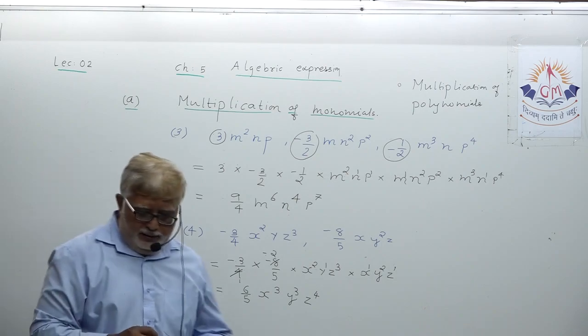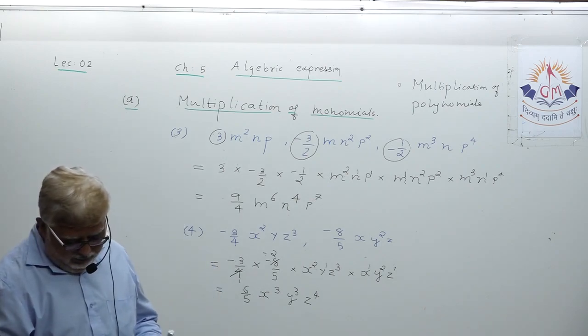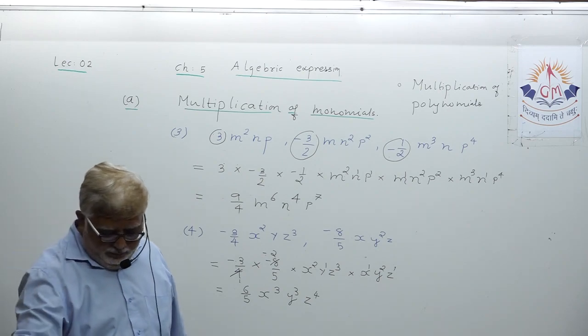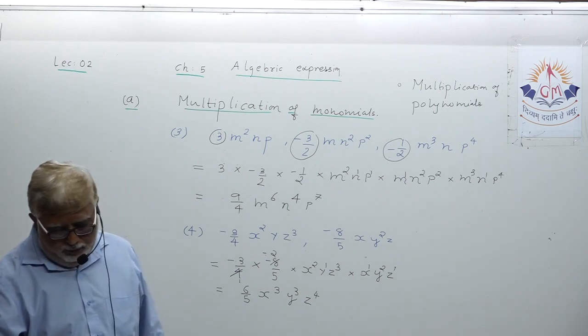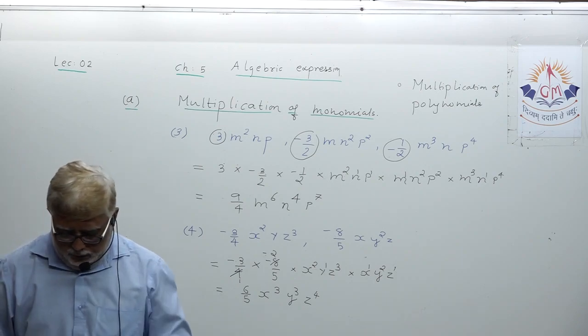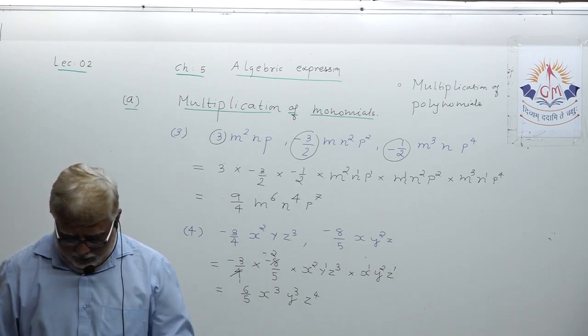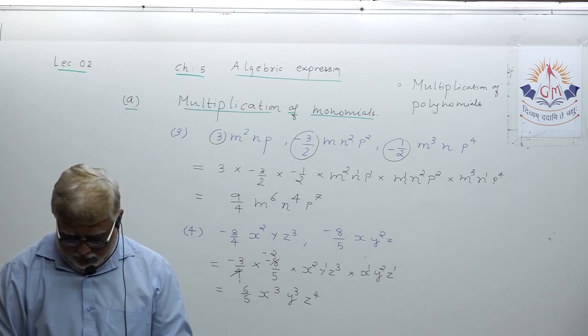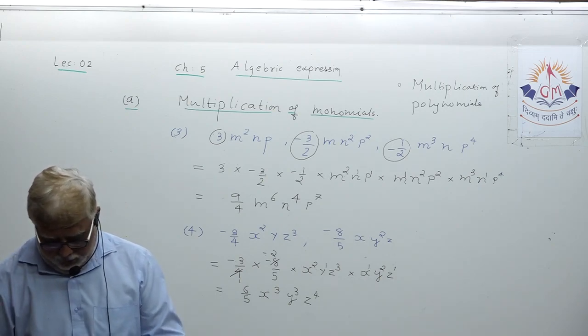You get the correct answer, okay, dear student? This way the example will become simpler for you. This is the way you should multiply. Let me see if another difficult example is there. We can solve it for you, okay?